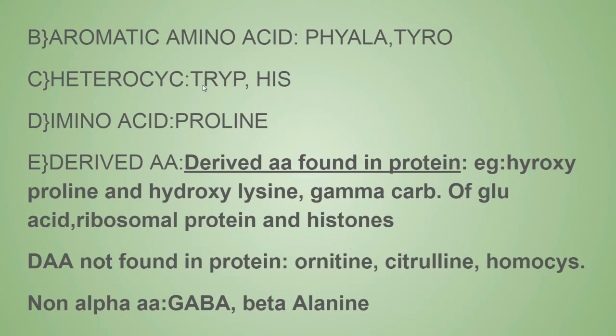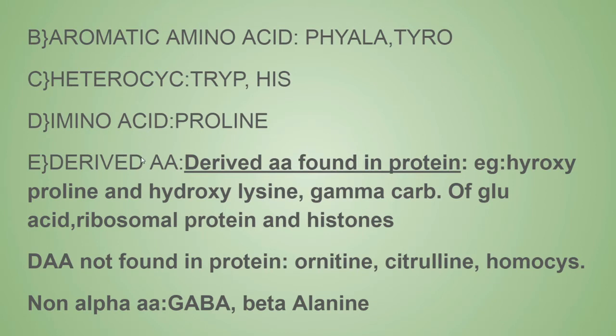Examples are tryptophan and histidine. Then the imino acid: the carbon and nitrogen are attached by one double bond, so a C double bond N will be present in this type of amino acid. The example is proline. Proline is also not an alpha amino acid.